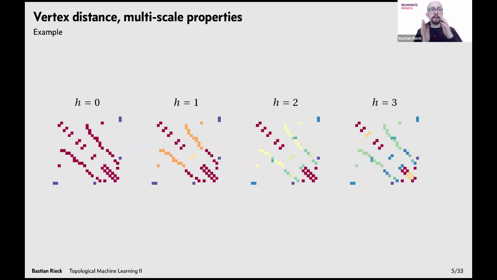Again, there's an intuition behind that. The intuition is that you collect more information from the graph, which gives you a way to distinguish between graphs and their respective neighborhoods. That's what WL is all about, but that also gives you a way to build some kind of nice multi-scale representations of these distances.